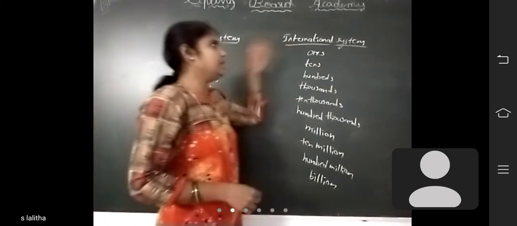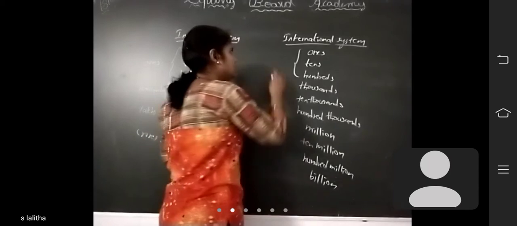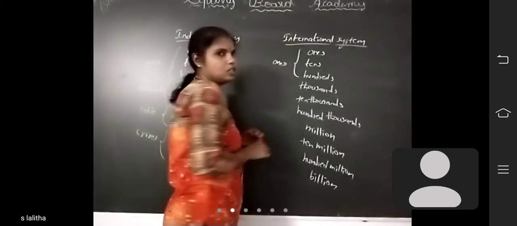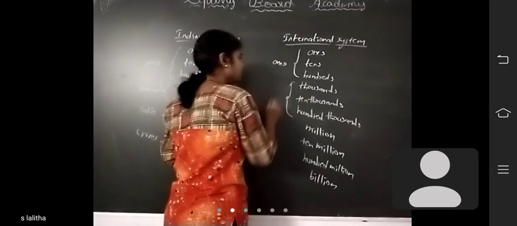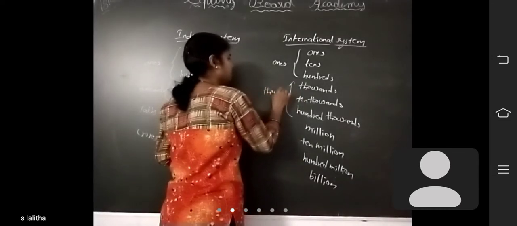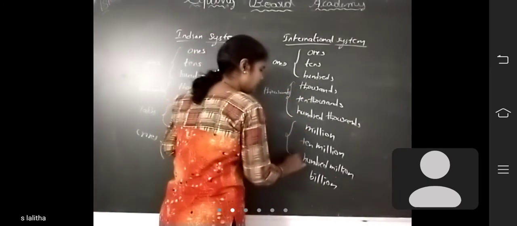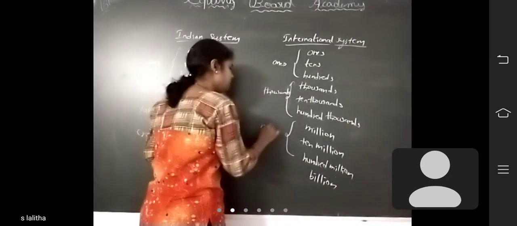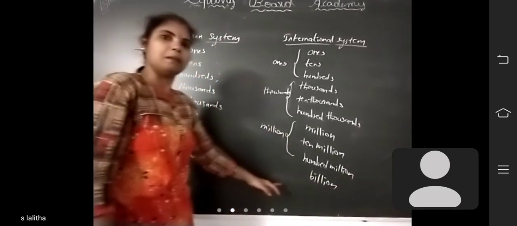So in the international system, what are these? 1, 10, 100, what is this period? Ones period. And thousands, 10,000, 100,000, thousands period. And million, 10 million, 100 million, million period. Billion, 10 billion, 100 billion, that is the billion period.